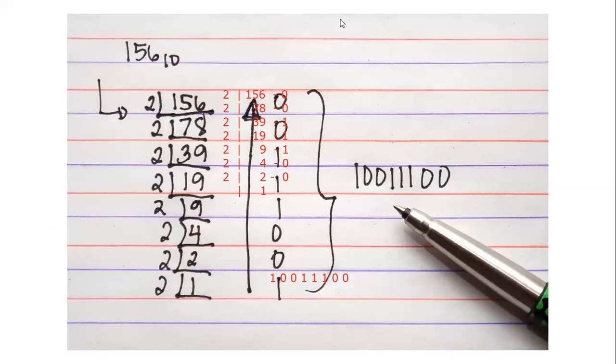That is absolutely correct. Yes. So now we all know how to convert even numbers from decimal to binary. You all know from binary to decimal, and you all know decimal to binary.